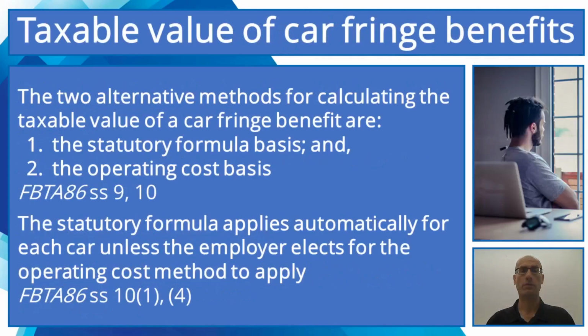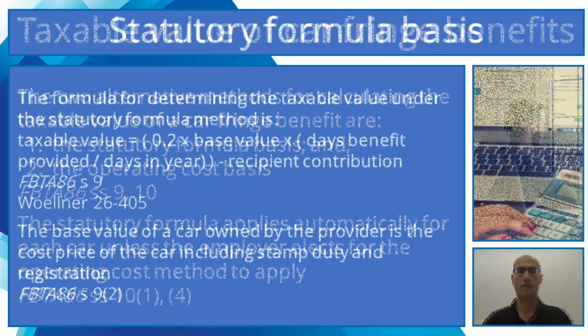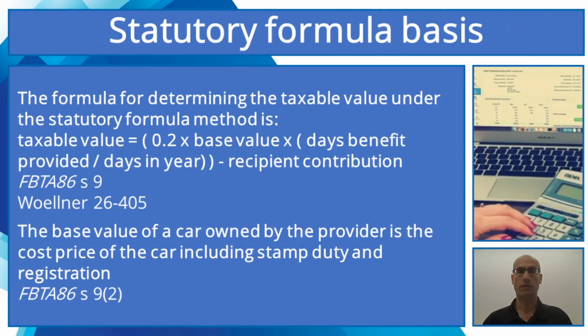The modern rules for determining the taxable value of car fringe benefits use either of two formulas. There's the statutory formula basis, which is the default, and there's also the operating cost basis. We'll go through each of these in turn. The statutory formula basis just starts with the base value of the car.